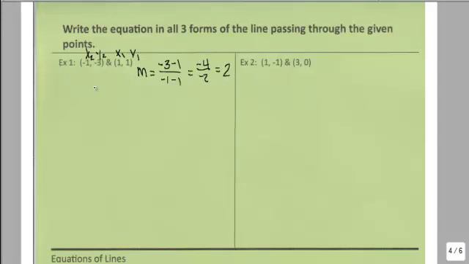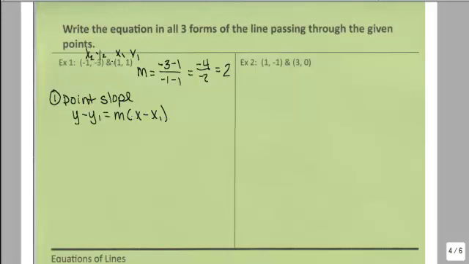just 2. So then we first convert into point slope form. So remember, that's y minus y1 equals the slope of x minus x1. So we're given 2 points here. You can choose either point.